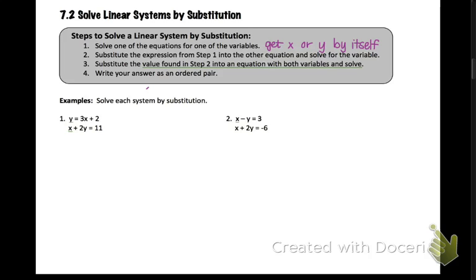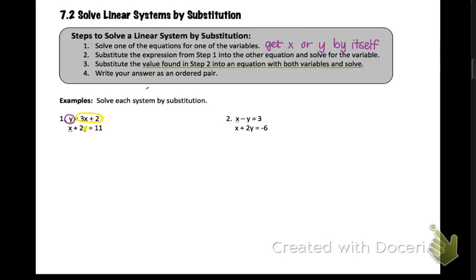Example 1 is really, really nice because it's already solved for one of the variables. Y is already by itself. So here's what we know. We don't know what number y is equal to, but we do know that y is equal to 3x plus 2. So what we do then is in the second equation, I'm going to take out the y and replace it with 3x plus 2, since that's what y is the same as.